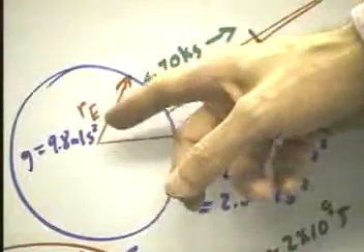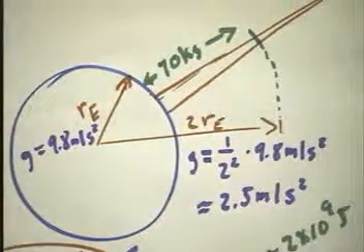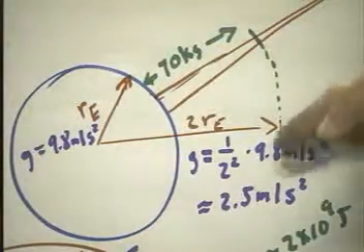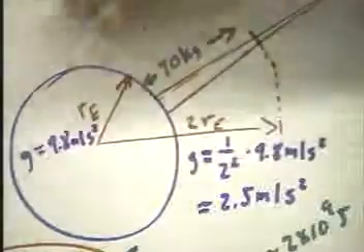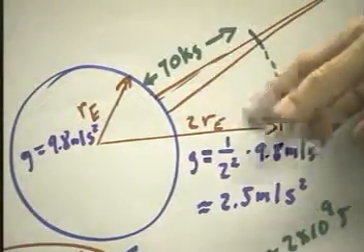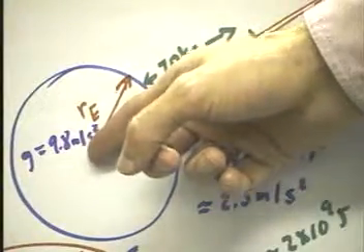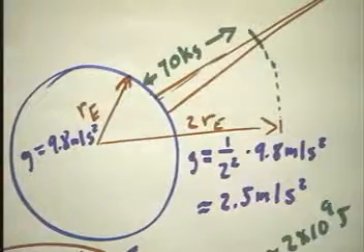At the radius of the Earth, the acceleration of gravity is 9.8 meters per second squared, as we know. If we go out to double the Earth radius, we can think of gravity as being spread out over a sphere and emanating from a point that's identical to the center of the Earth.